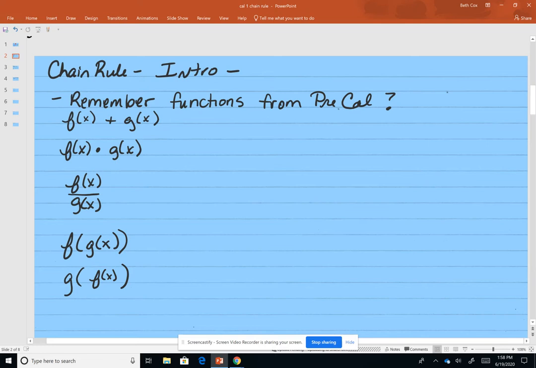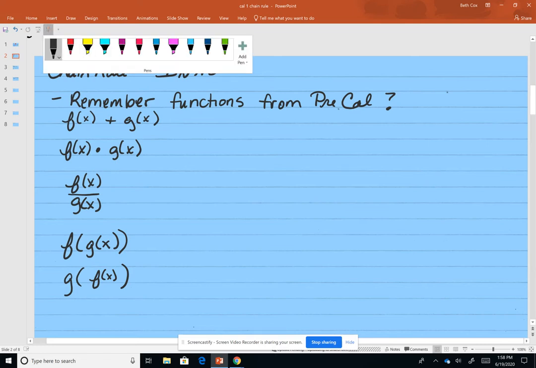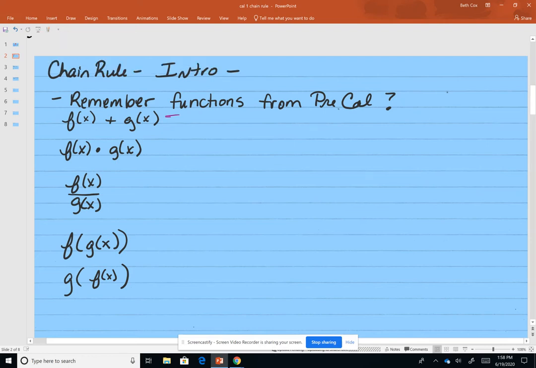Let's think about this for a minute when it comes to derivatives. Let's suppose we've got f plus g, say x to the third plus sine x. Let's suppose f is x to the third and g is sine x. Those are both functions.